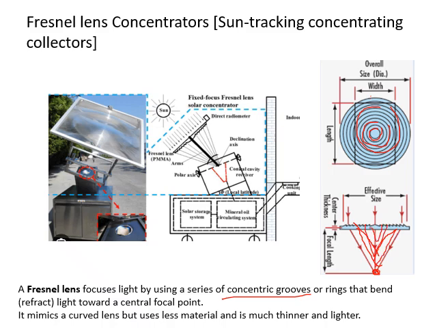If you have to make it by a very big convex lens, it will be quite heavy and quite big, right? Also, we can use any type of transparent polymer like PMMA to make this lens, and it mimics a curved lens, but it uses less material and is much thinner.